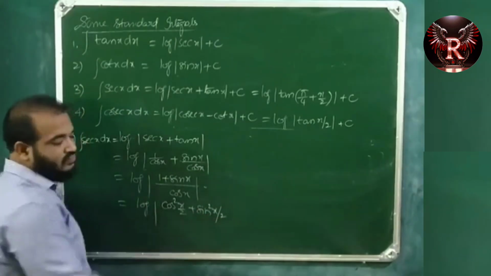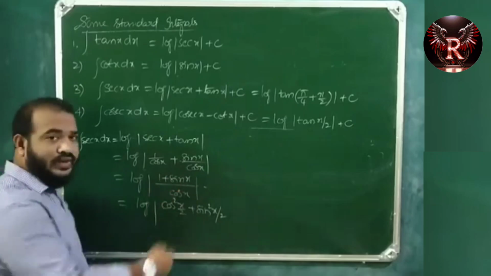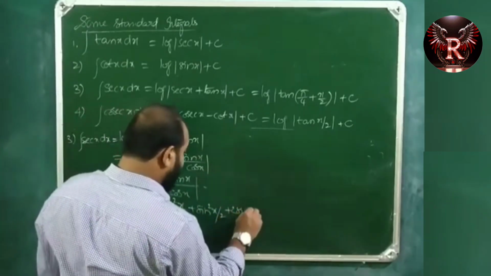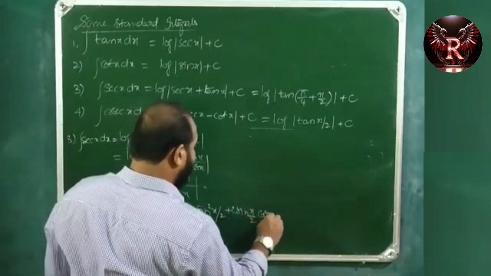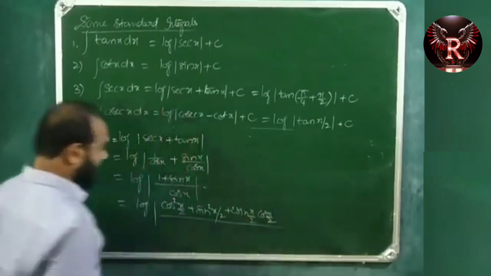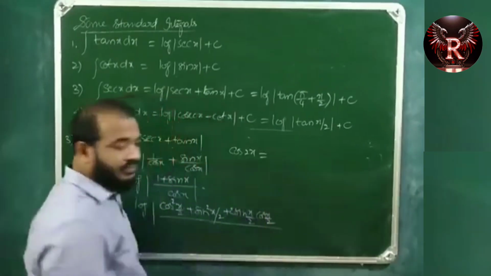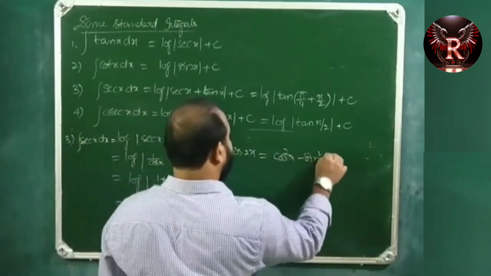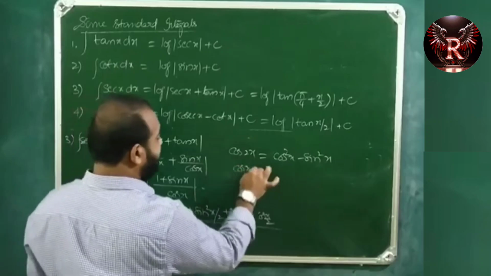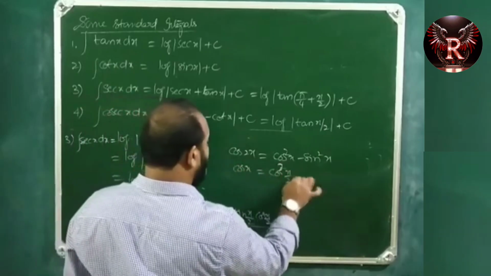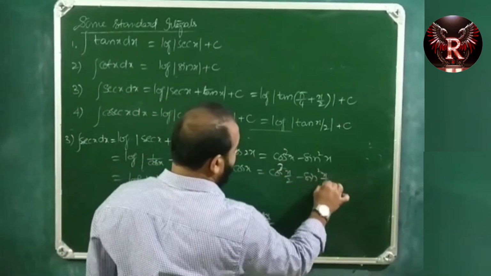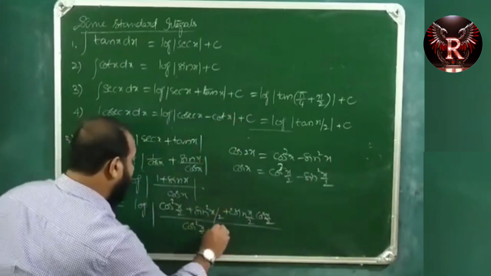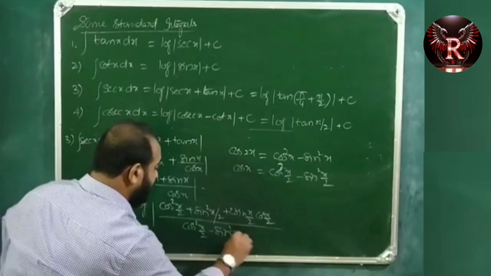Sin 2x is 2 sin x cos x, so sin x is 2 sin x by 2 cos x by 2. Cos 2x has got many formulae, among them cos square x minus sin square x. So what is cos x then? Cos x is cos square x by 2 minus sin square x by 2.